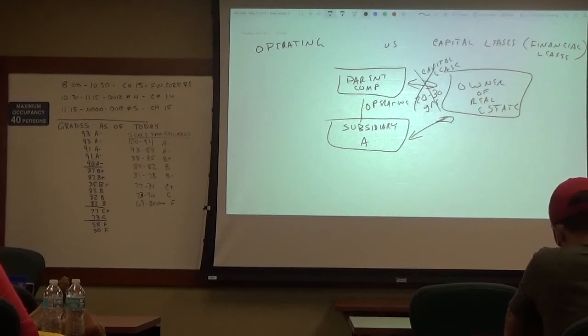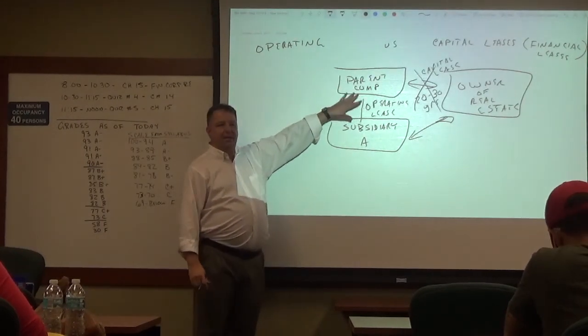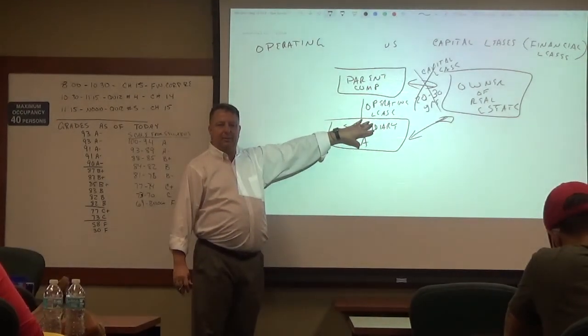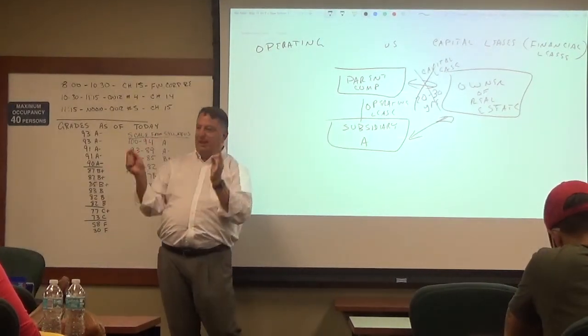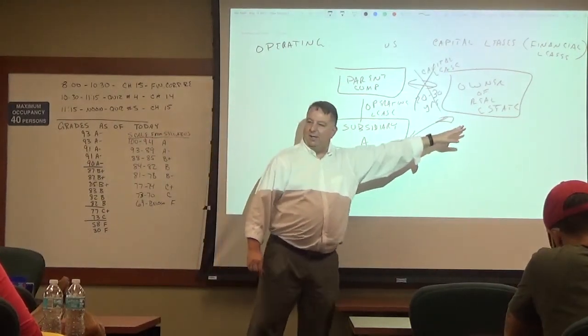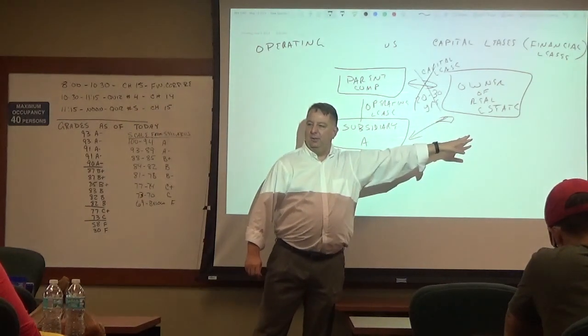So from the parent company's perspective, on their financial statements, it looks as though all they've got is an operating lease, but their subsidiary is really the one you need to take a close look at, because they're the ones engaging in a financial lease with the owner of the actual real estate.